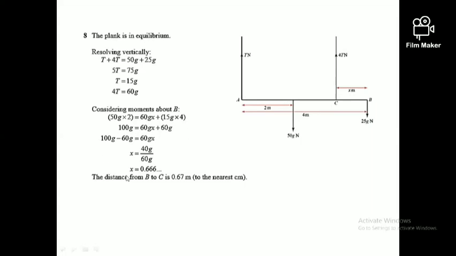All the terms contain G, therefore you can cancel all G at once. 60GX equals 100G minus 60G, that is 40G, divided by 60G. With that you will obtain the answer for X as 0.666, or 2 over 3 meters from B. That is the answer for X.